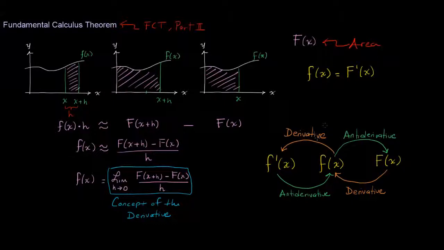And just as with derivatives, an antiderivative is basically a set of formulas. You have several formulas that you will have to apply to transform an f of x into a big F of x. And that's basically the idea of the fundamental calculus theorem part 2. This is what we're going to be working on during the semester and learning how to use.